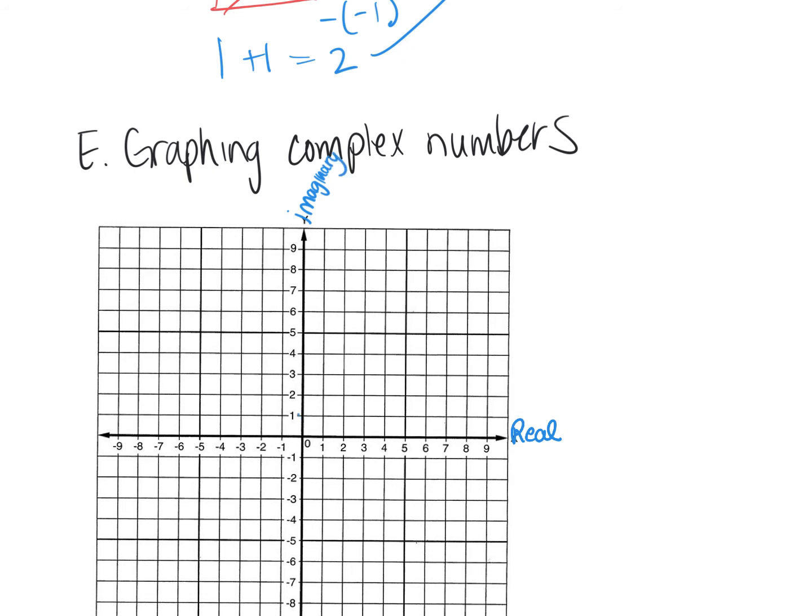So this becomes 1i, 2i, 3i, 4i, and so on. And then negative 1i.